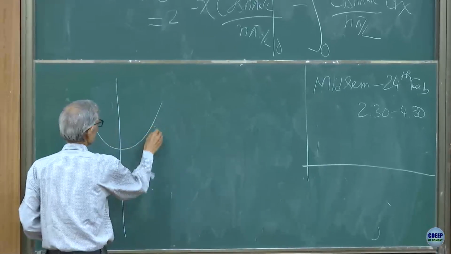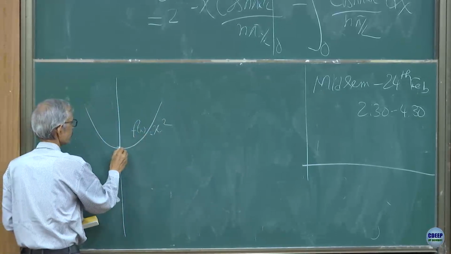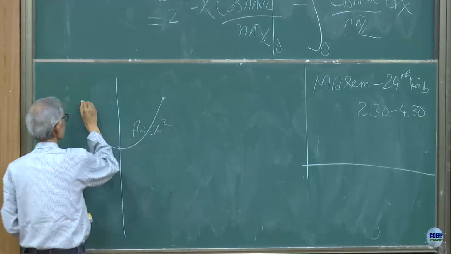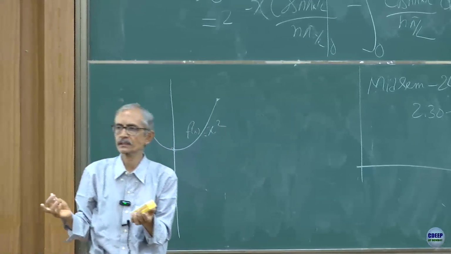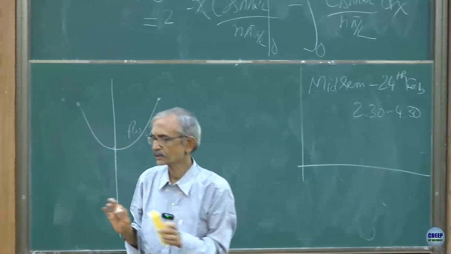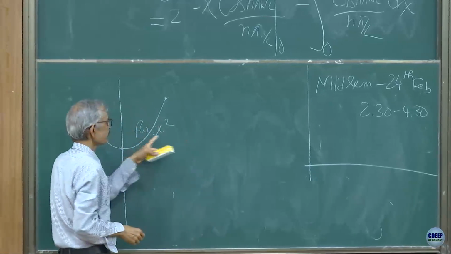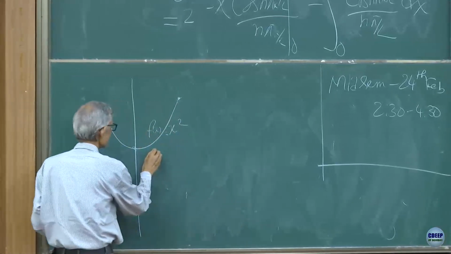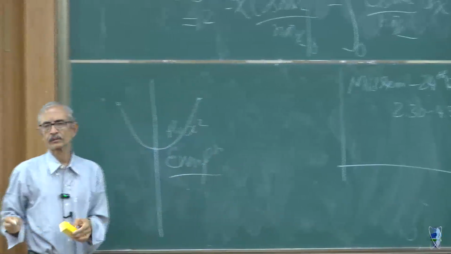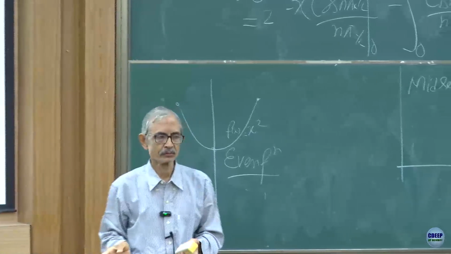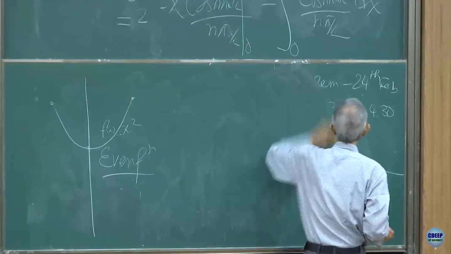So I've got f(x) equal to x square, and the function is continuous, whereas the slope is discontinuous, but the Fourier series doesn't care. Okay, it's going to be able to handle it. So I've got f(x) equal to x square. Now this is an even function, and therefore the Bn terms are not going to be there. Okay, so the Bn's are going to become equal to 0.